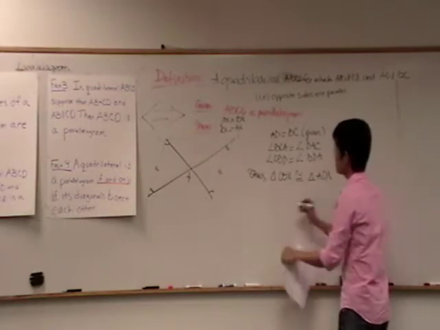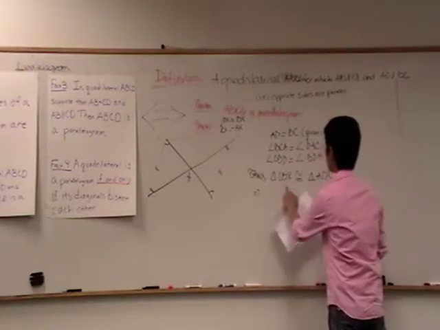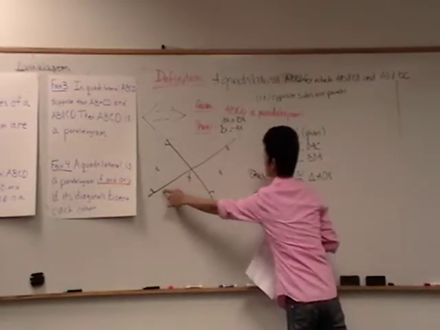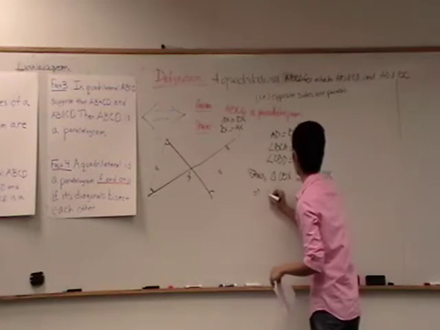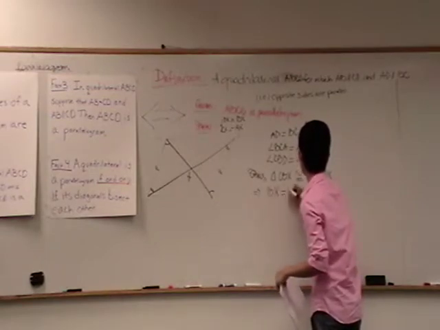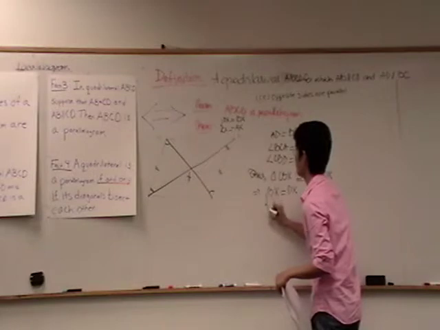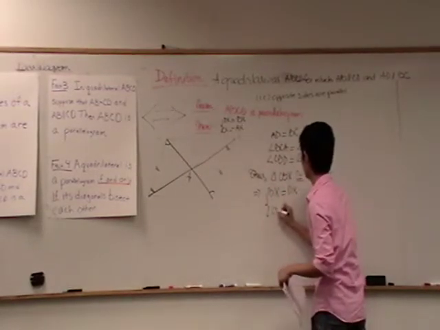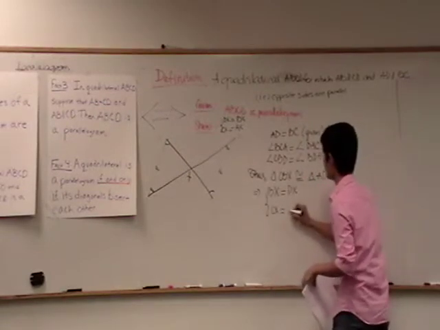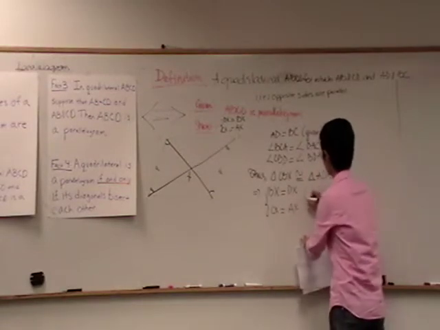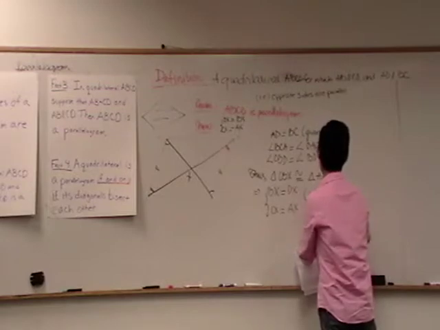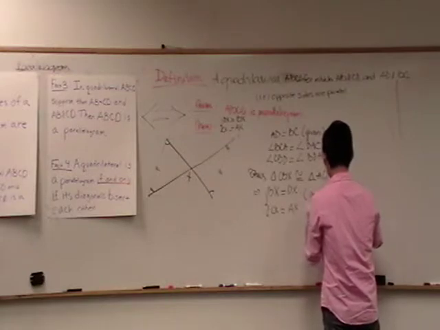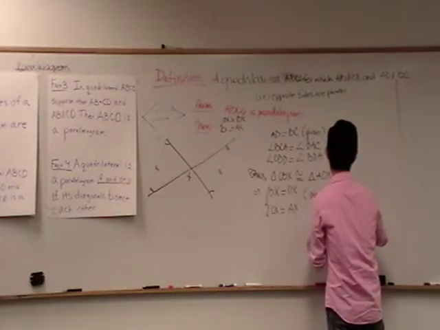So from here we can see BX equal to DX and CX equal to AX, that's corresponding sides.